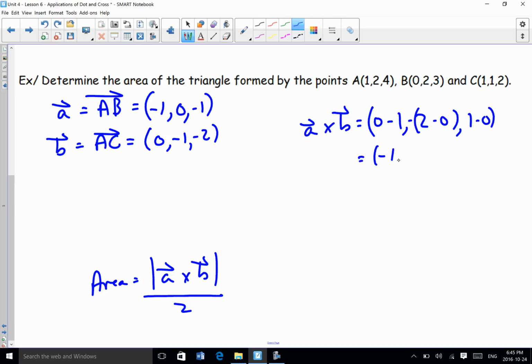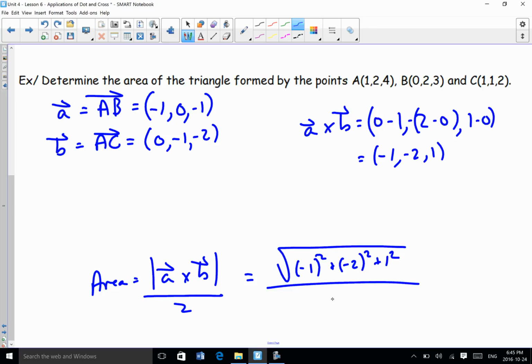So -1, -2, and 1. So our area is the magnitude, -1 squared plus -2 squared plus 1 squared, all divided by 2, which is root 6 over 2. You can leave it like that for an exact answer.